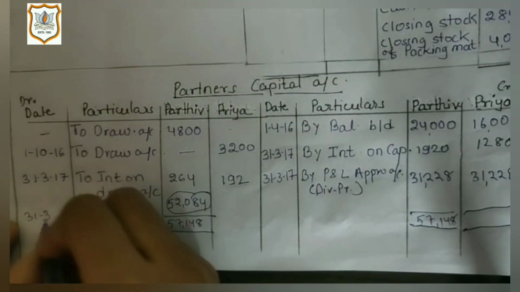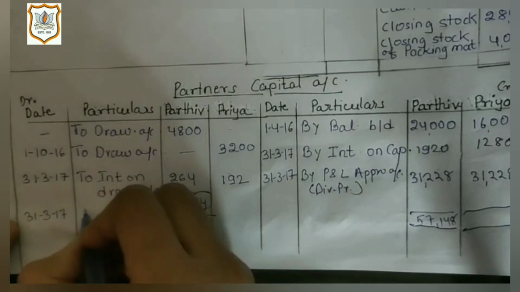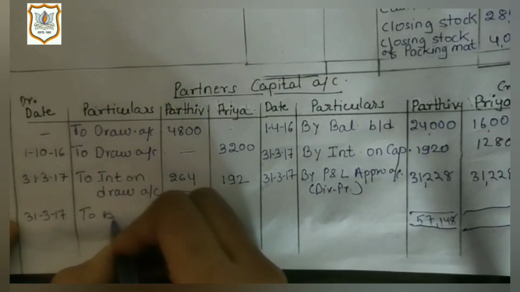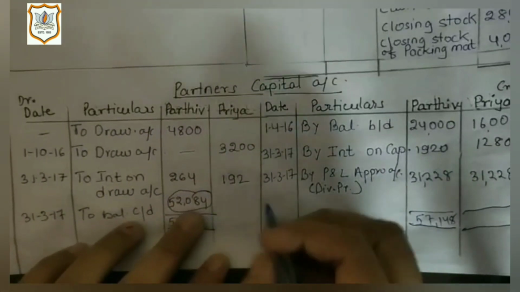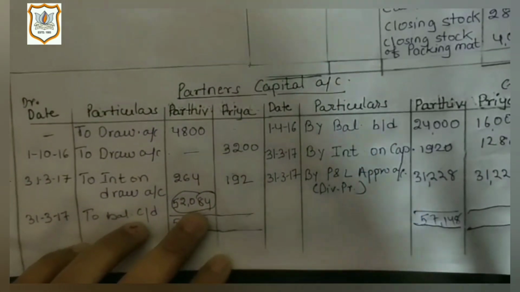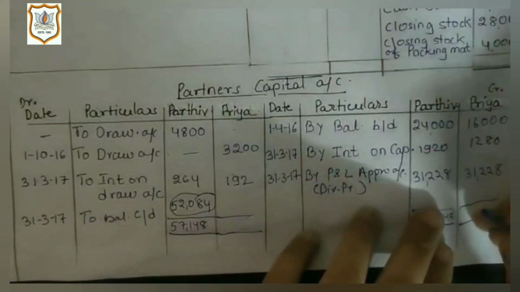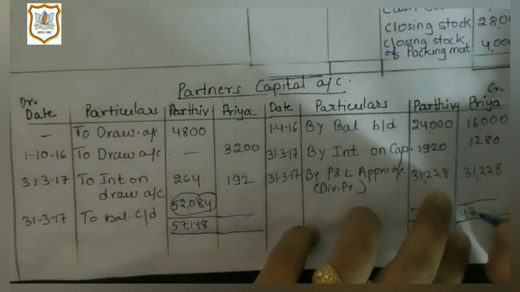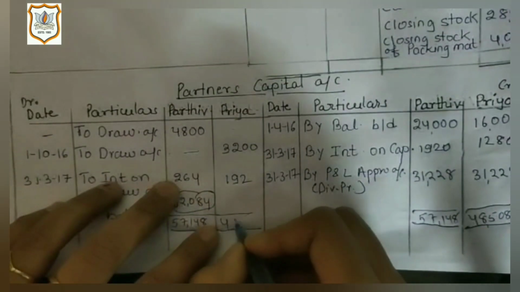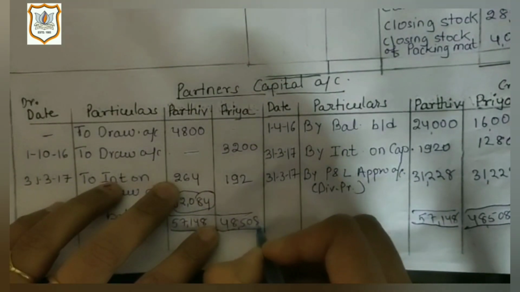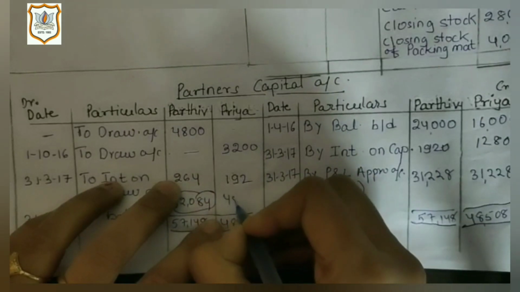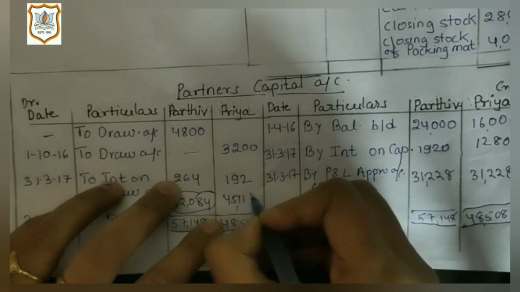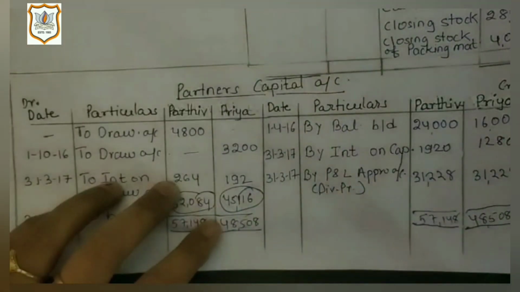31st March 2017 to balance carried down, closing capital balance. Now let's close Priya's capital account. Total is 48,508 and her closing capital balance is 45,116.